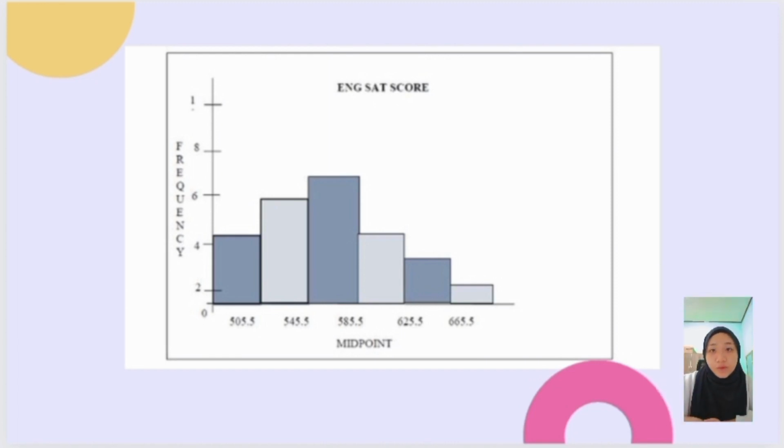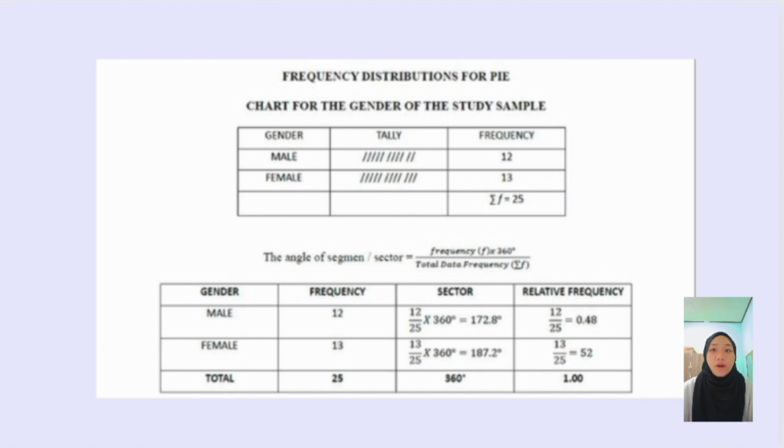So this is the frequency for English SAT score. To get the frequency for English, the calculation steps stay the same as the frequency for math SAT score. Next, the class boundaries for the first class are 486 until 525.